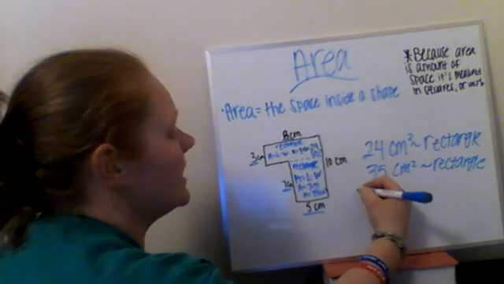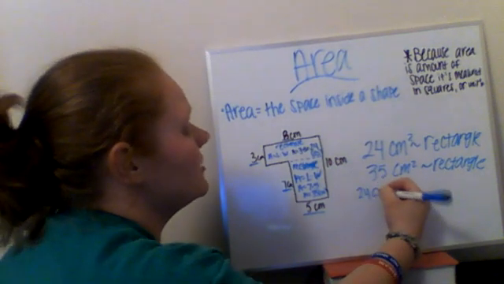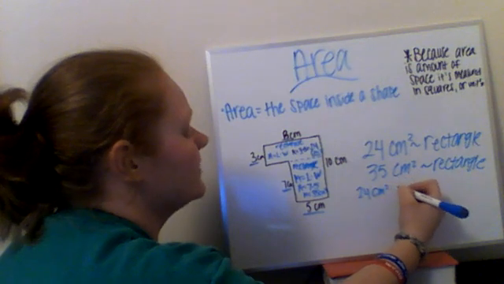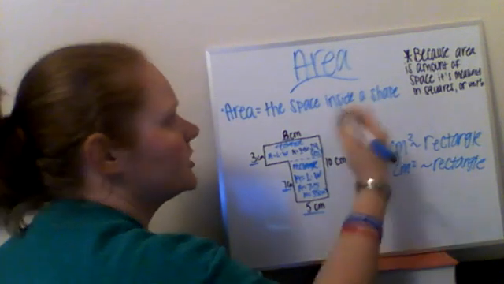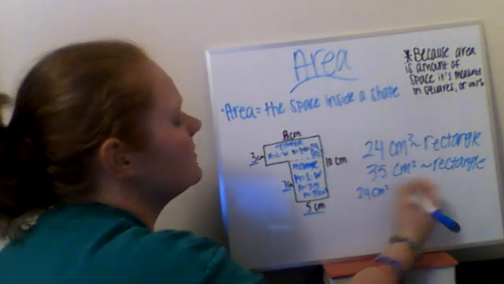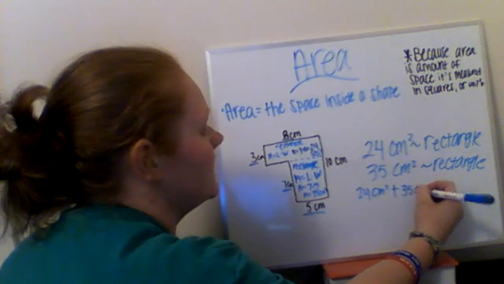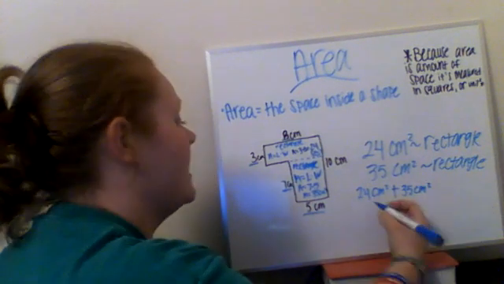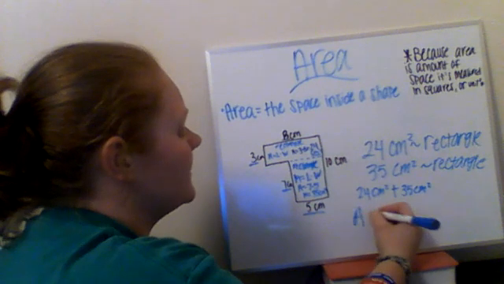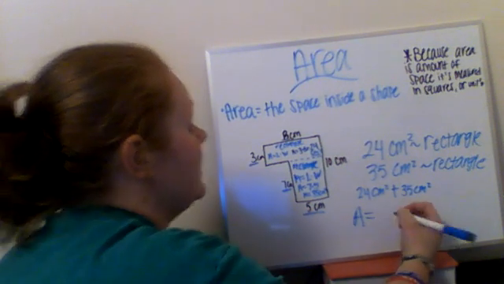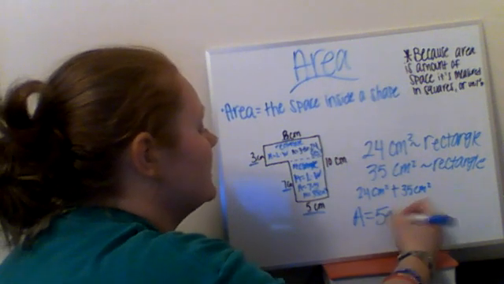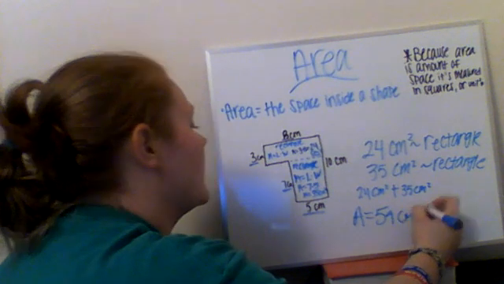So I'm going to take 24 centimeters cubed, or squared. I'm sorry, I keep calling it cubed. It's squared. 24 centimeters squared. I'm going to add 35 centimeters squared. My area of this figure is going to be 59 centimeters squared.